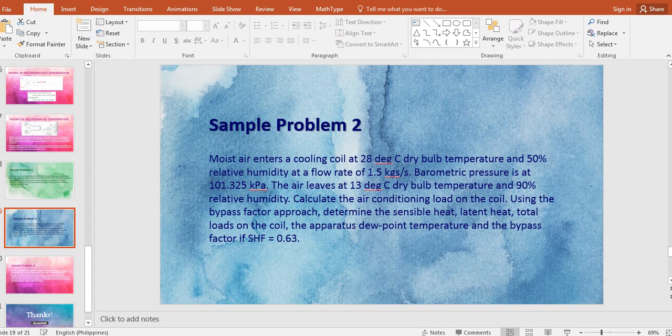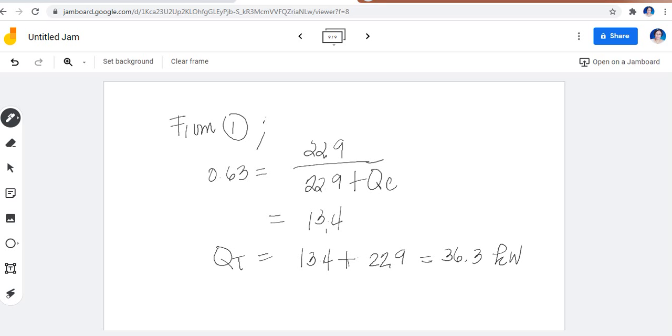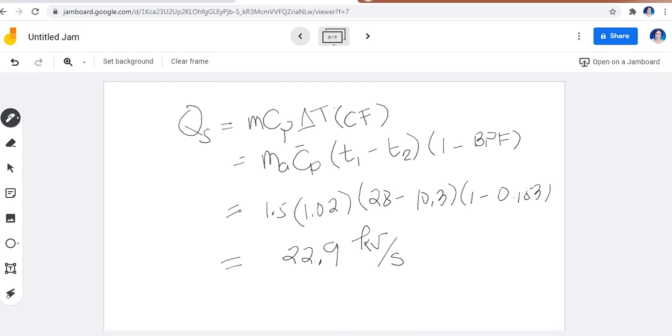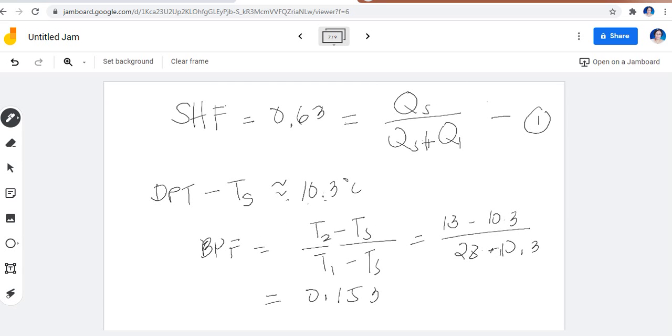I have mentioned that your apparatus dew point temperature is the effective coil temperature, T sub S as well. And I have already discussed how you're going to read from the psychrometric chart the value of 10.3.